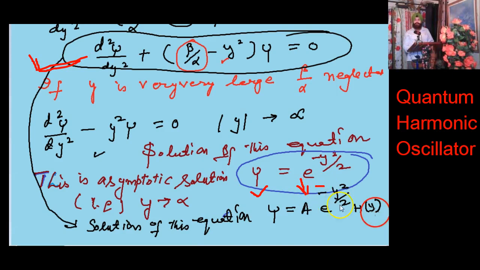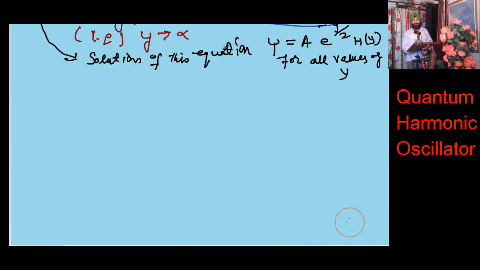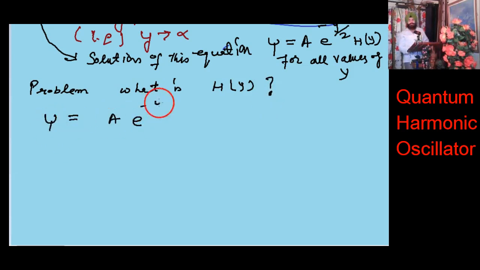But the problem is we don't know what h is. H is unknown here. So how do we find the value of h?